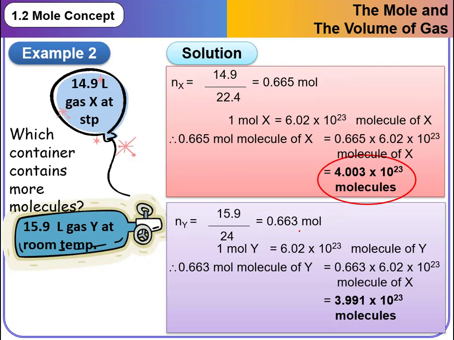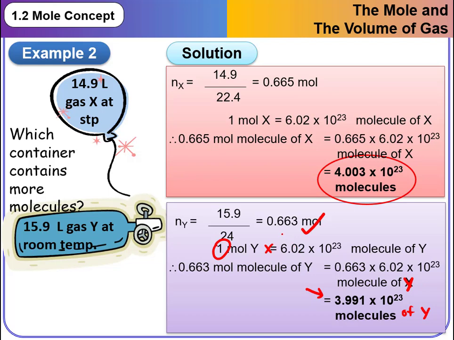Once you have the mole for gas Y, which is 0.663 mole, how to get the number of molecules of gas Y? Sorry, typo, this should be molecule of Y. So 0.663 mole of gas Y, divide by 1 mole, times 6.02 times 10 to the power of 23 molecules of Y. So the answer is 3.991 times 10 to the power of 23 molecules of gas Y.